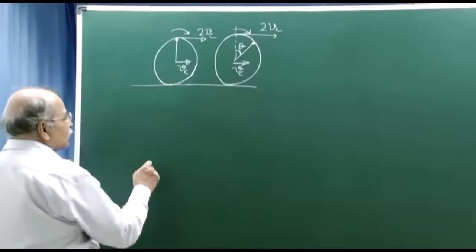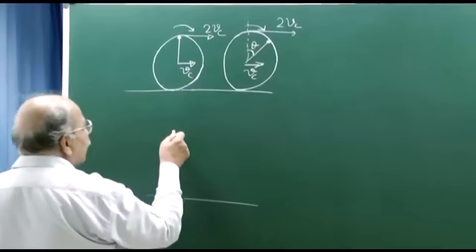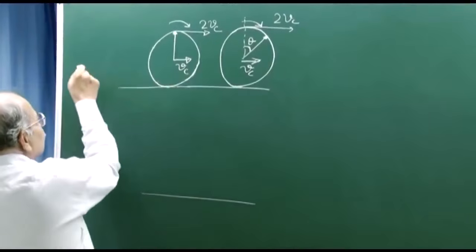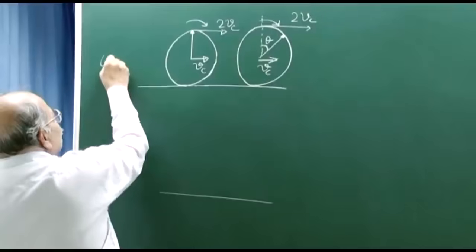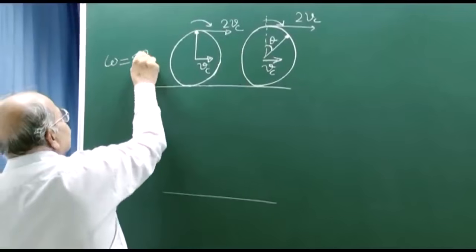In fact, you can generalize. What is omega here? It is the angle which has been rotated in some time. So, omega is delta theta over delta t.